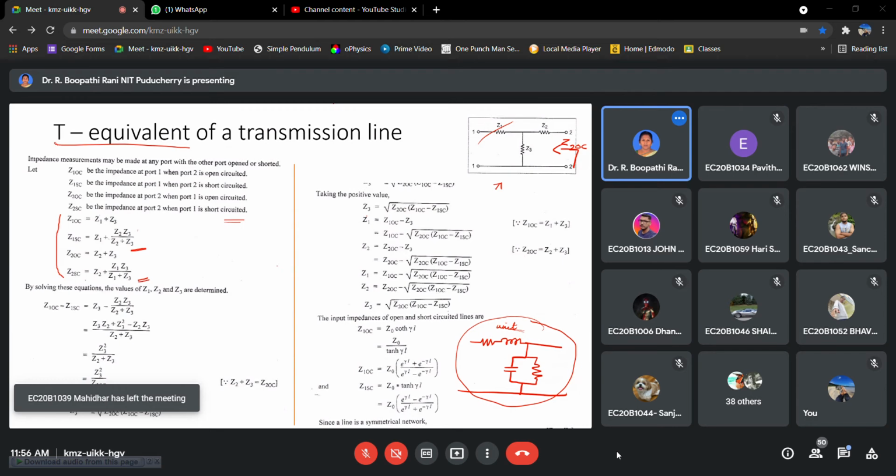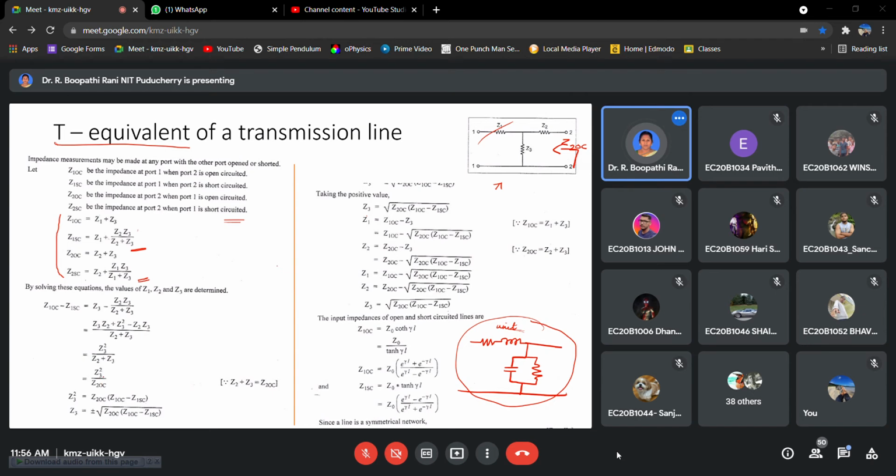Here we are following one method. See Z1 SC minus Z1 OC minus Z1 SC. If we calculate this, we are subtracting this from here. So we get this expression, and then rearranging and cancelling, we get Z3 squared divided by Z2 OC.